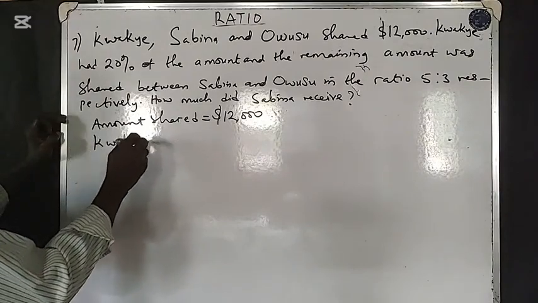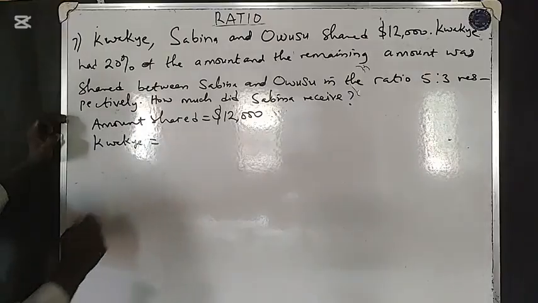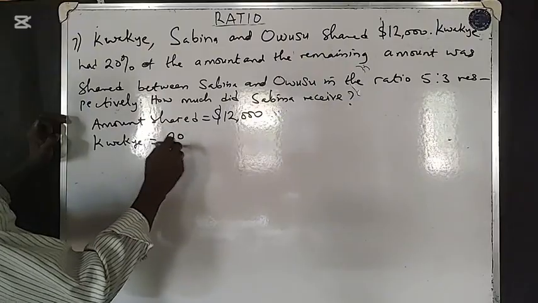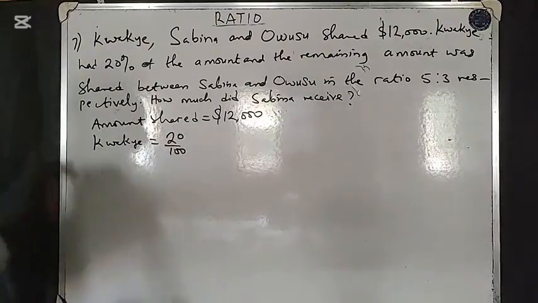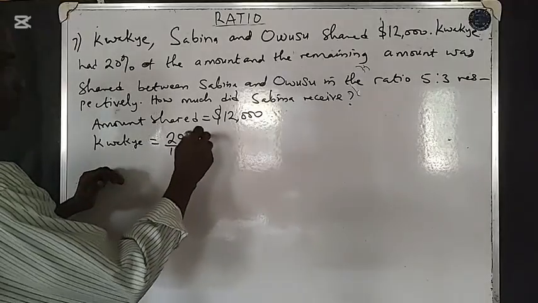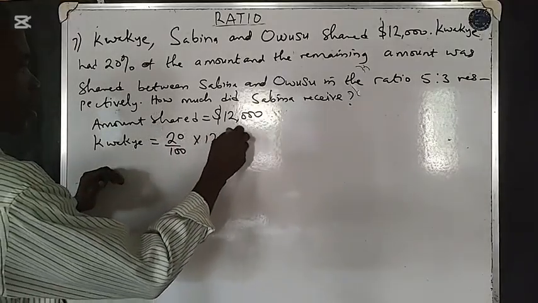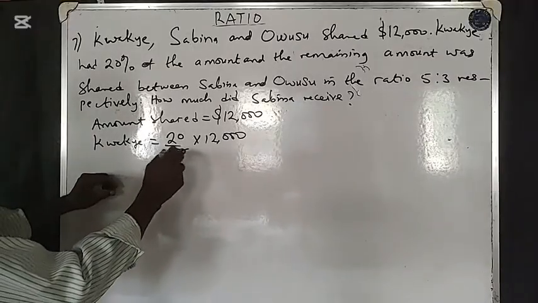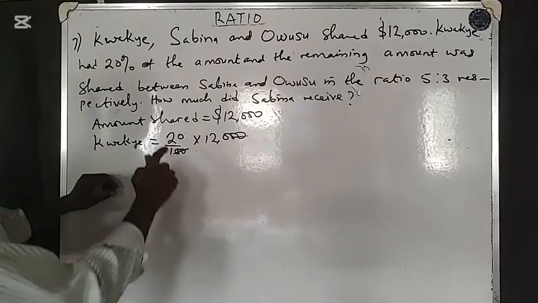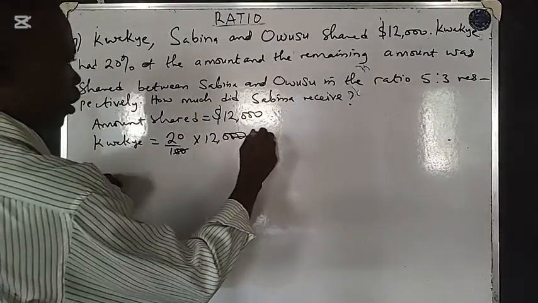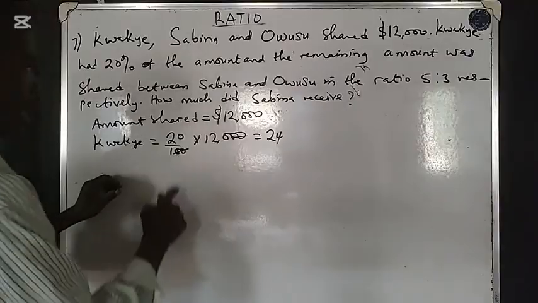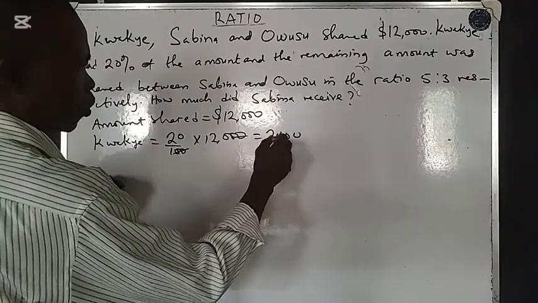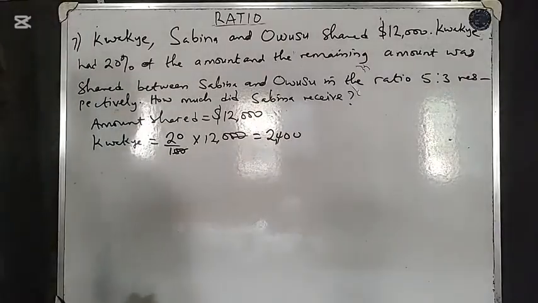Kwakye got 20%, right? So 20% is the same as 20 over 100 times 12,000. So this 20 will cancel this 20. 2 times 12, that will be 24, right? How many 0s remain? 1, 2. So this guy got $2,400.